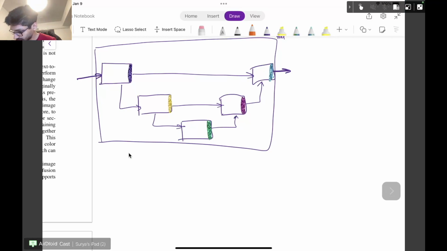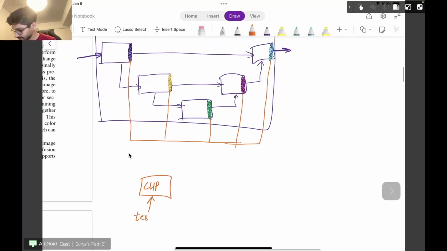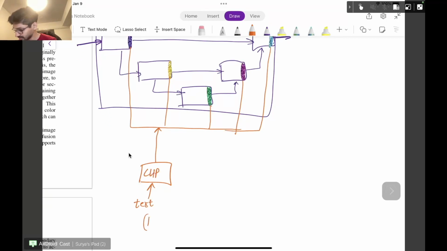Imagine all of these cross attention layers getting the same input, and that input typically comes from CLIP. You take the text as input, get the CLIP embeddings, and feed it to the cross attention layer. So this is option 1.